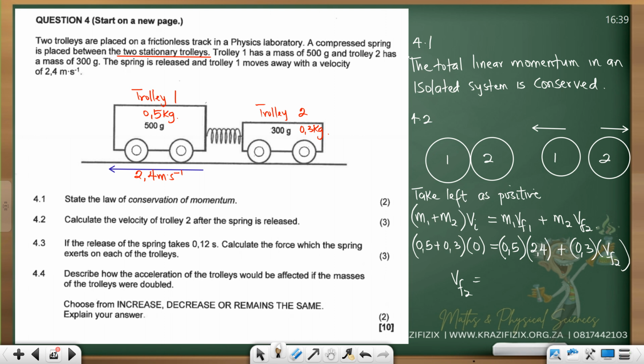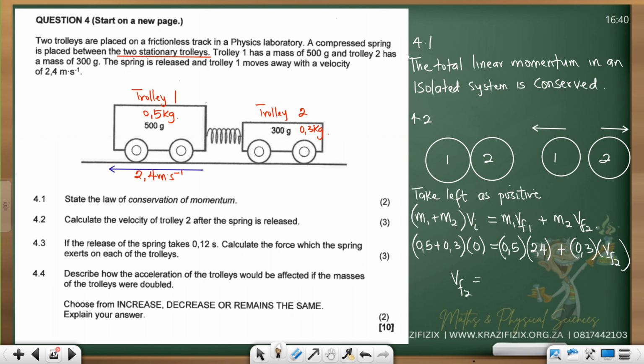I'll be waiting for answers, please. Busi, before you give me the direction, did you get a positive or a negative answer?